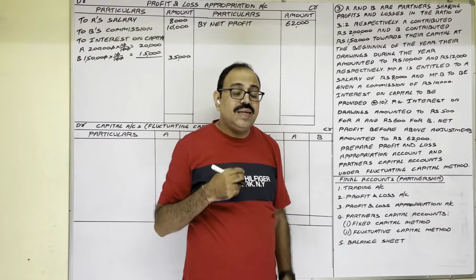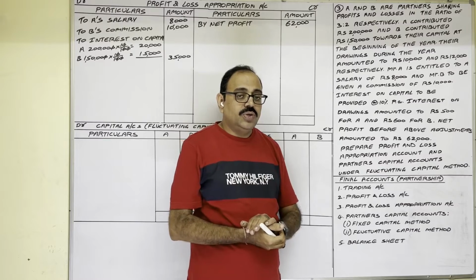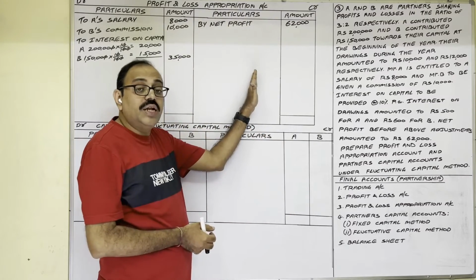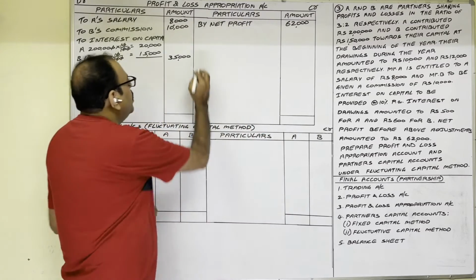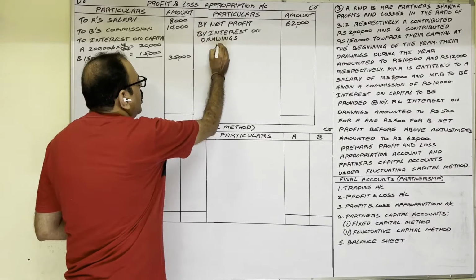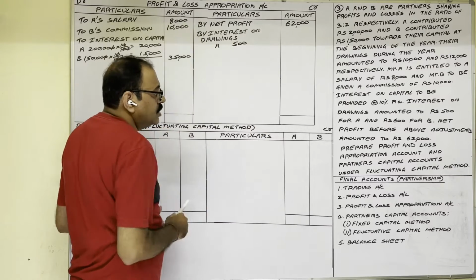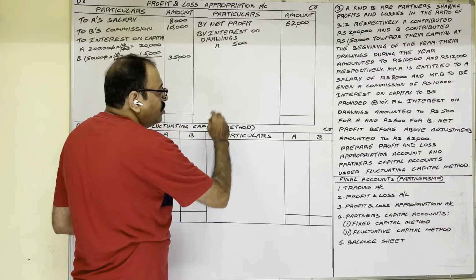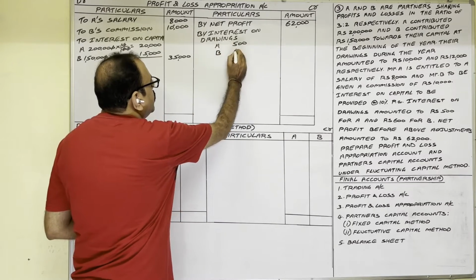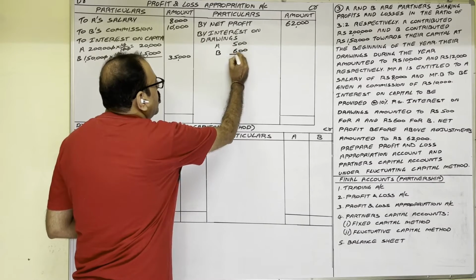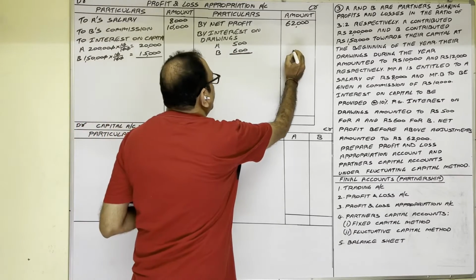To the firm, this interest is an income, no? So in the P&L appropriation account, we should write it on the credit side. By interest on drawings. A's interest is 500 rupees. And B, 600 rupees. Total in the outer column, 1,100 rupees.